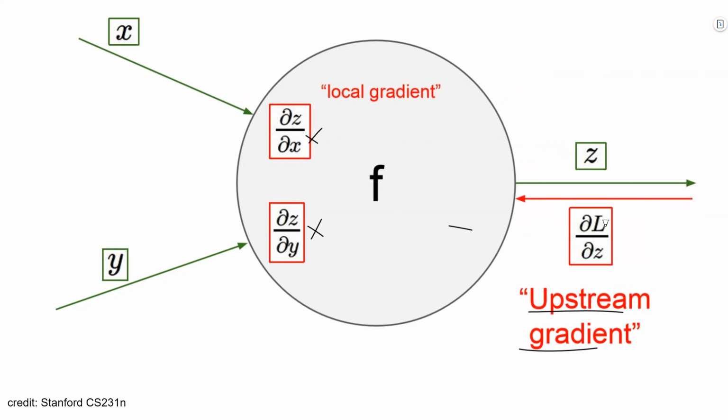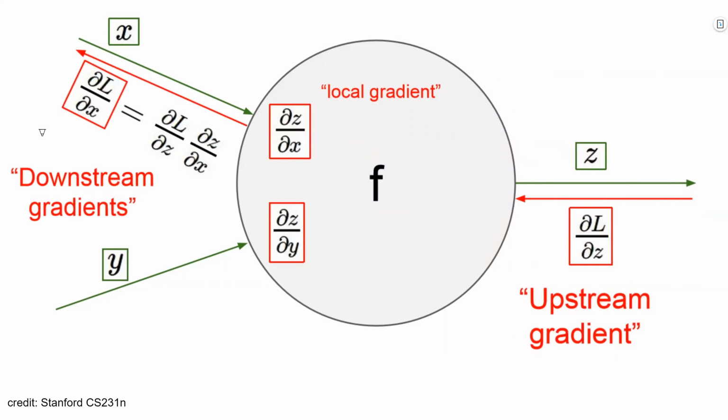And the upstream gradient is the gradient of the loss in respect of the upstream variable. If we multiply these values together, then we can get the gradient of the loss in respect of this local variable. Hence, we are using downstream gradients with upstream gradients. We are applying the chain rule over and over. That's the strategy.